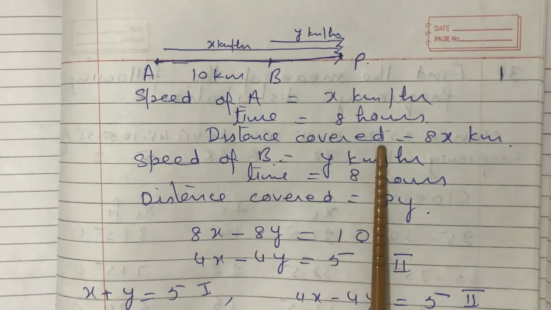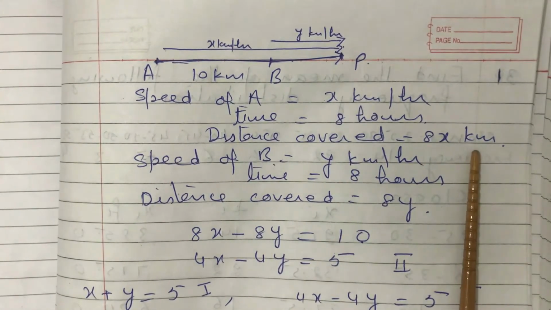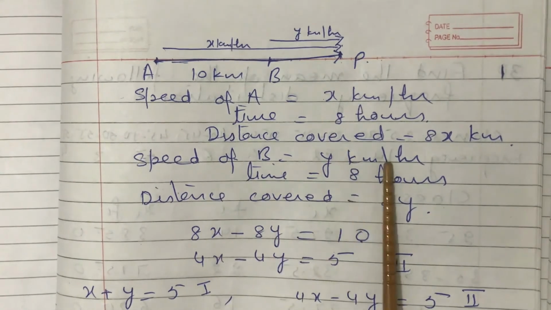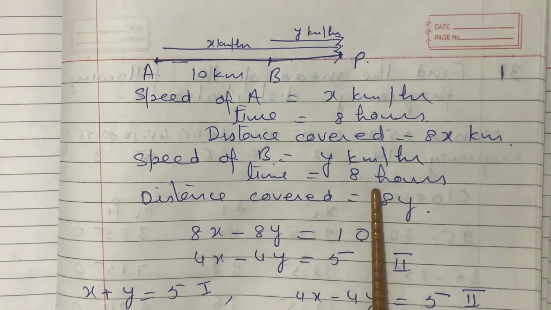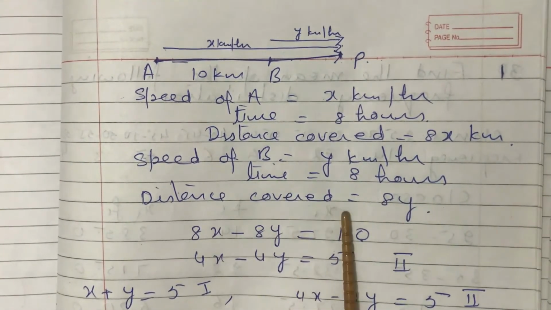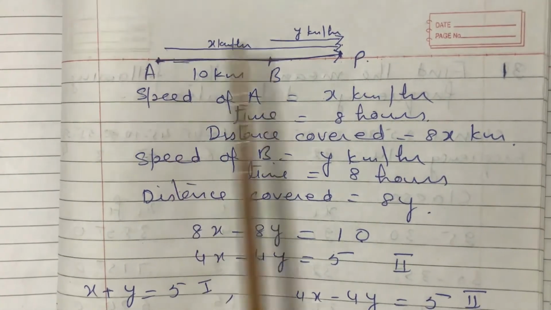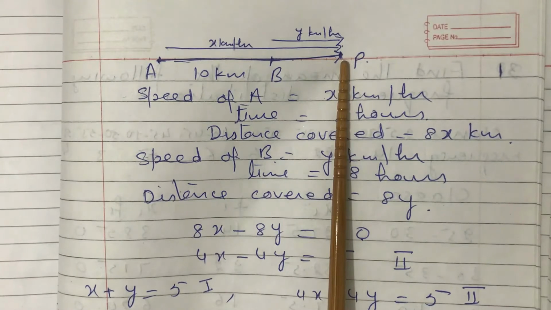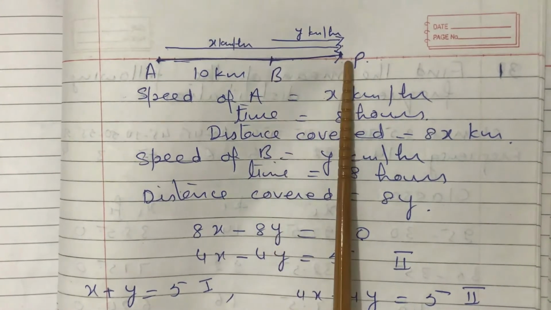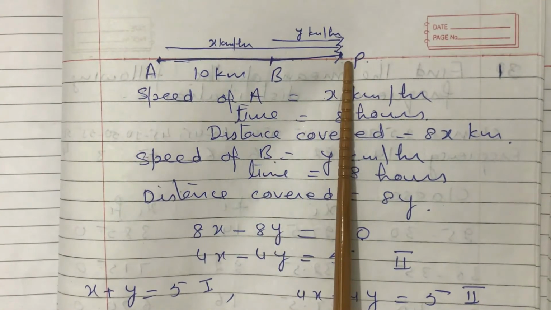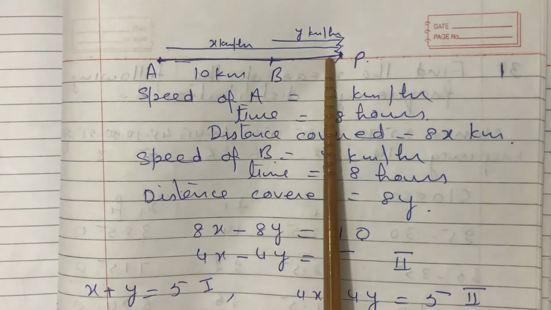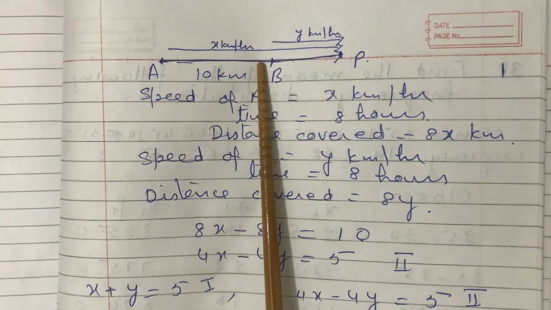The distance covered by A is equal to 8x kilometers. The speed of B is y kilometers per hour, time is 8 hours, and the distance covered by B is 8y. So the distance from here to here is 8x, and from here to here is 8y. So 8x minus 8y is equal to 10 kilometers.